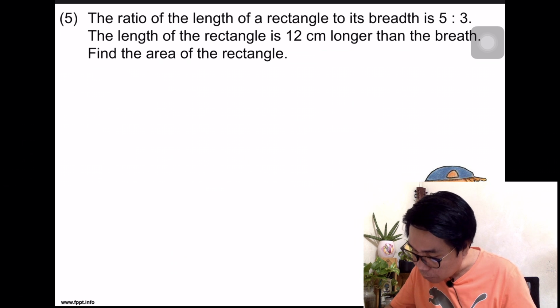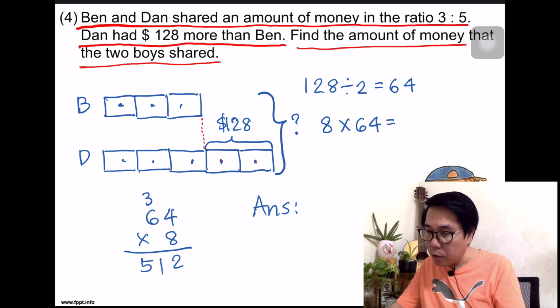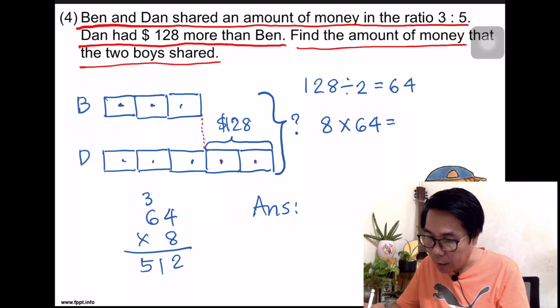Now, let's write the answer here. Find the amount of money that the two boys have shared.